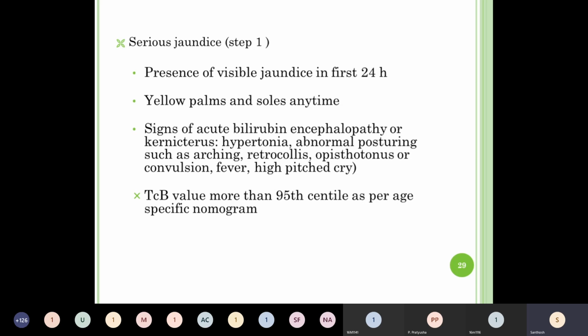Asphyxia, sepsis, acidosis. If the albumin level is less than 3 milligrams per deciliter, what happens? More and more unbound bilirubin. The bilirubin bound to albumin doesn't cross the blood-brain barrier. If albumin is less, the unbound bilirubin is more, which readily crosses the blood-brain barrier and causes neurotoxicity.